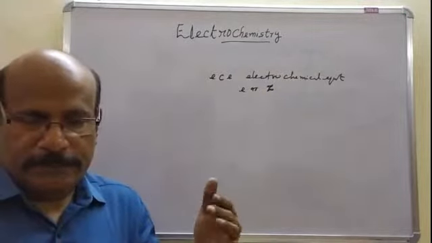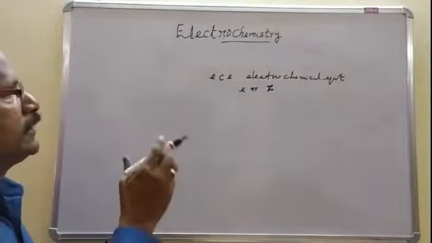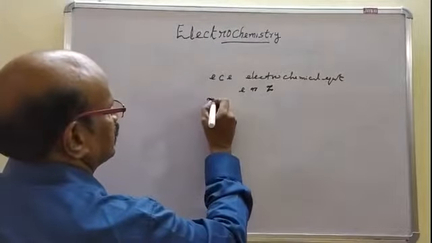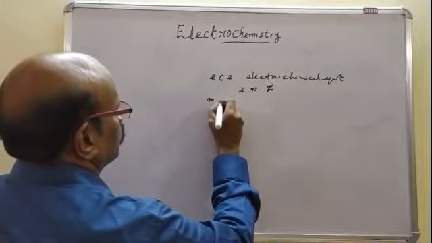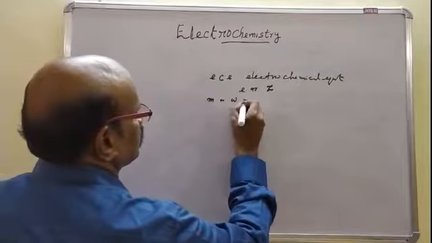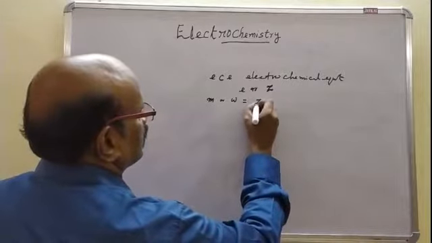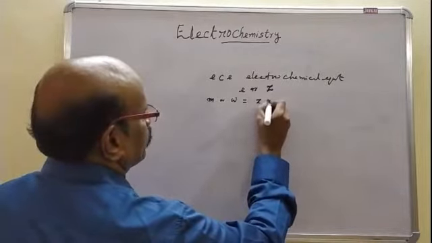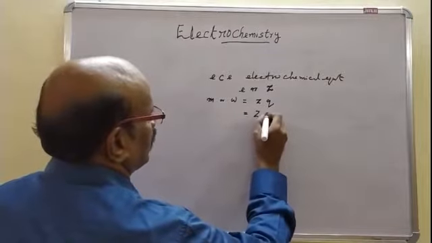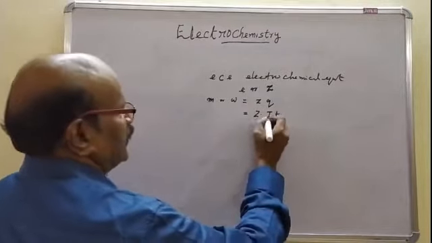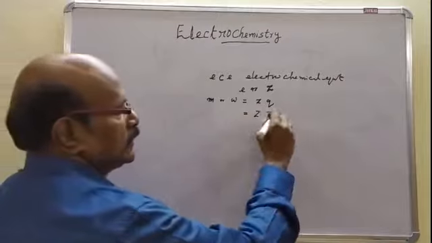The amount of the substance produced by 1 coulomb of electricity is called ECE, and the equation is M or W is equal to Z into Q, or Z into I T, where I is the current strength and T is the time of flow.